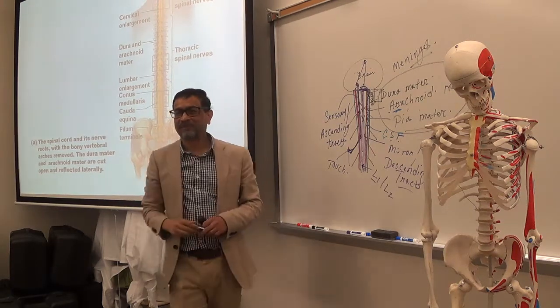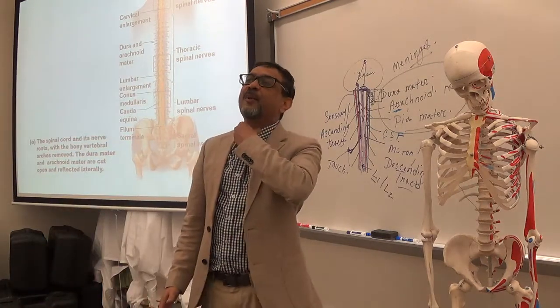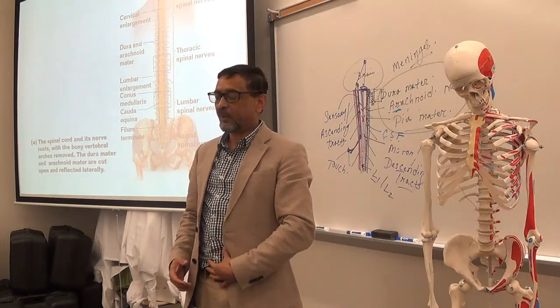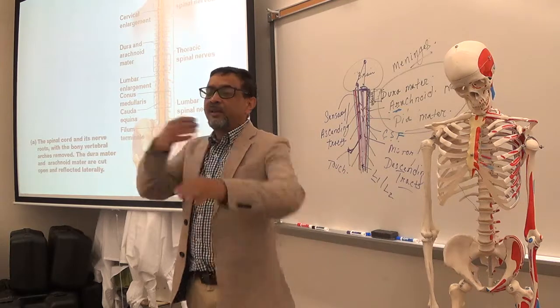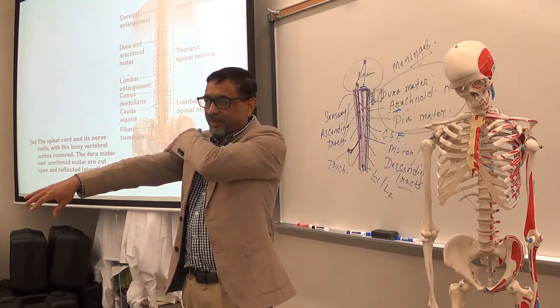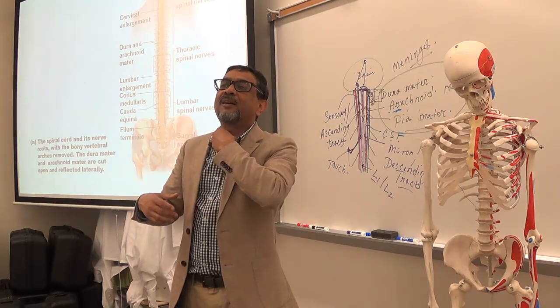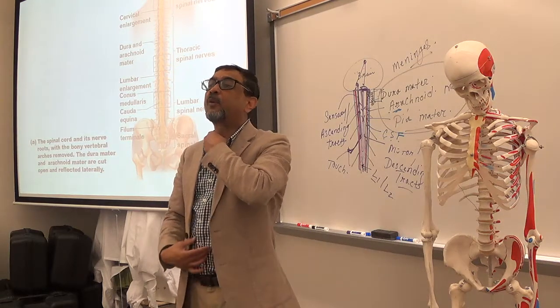That's a good question. Okay, so why in this area is the spinal cord bigger, wider, and in this area it is wider? The reason is, the spinal cord receives the nerves, right? And more nerves are received by this part of the spinal cord and this part of the spinal cord. Why?